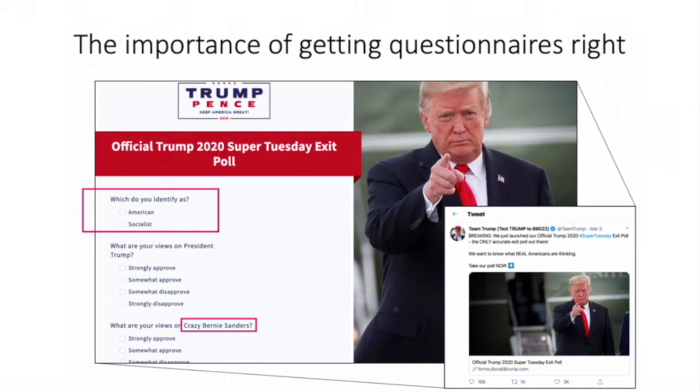Now, regardless of what you think about Trump or US politics, what we see here is that this questionnaire is very much skewed to gather a particular type of information, and it's not really allowing respondents to give an honest answer. American and socialist are not two mutually exclusive categories, and yet they're being treated as such in the very first question.